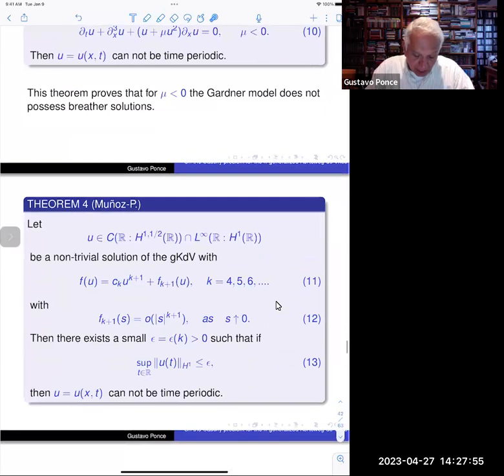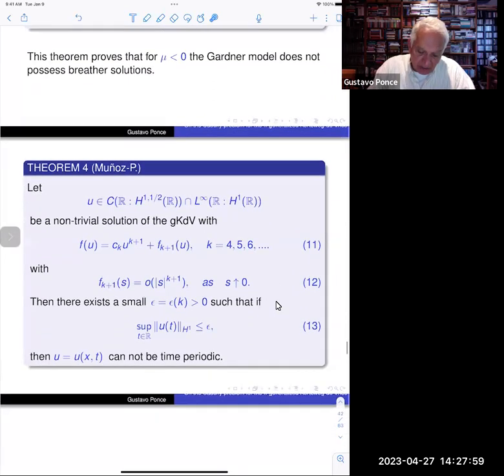Then another thing that you can prove is that you take any of these powers, where global existence is only known if you are small. Suppose that the nonlinearity is the power k here, and you perturb this. This is a small perturbation near 0.